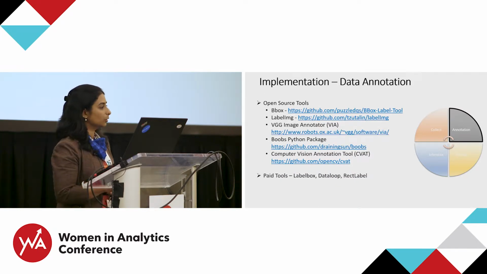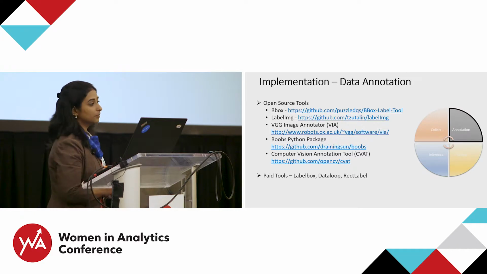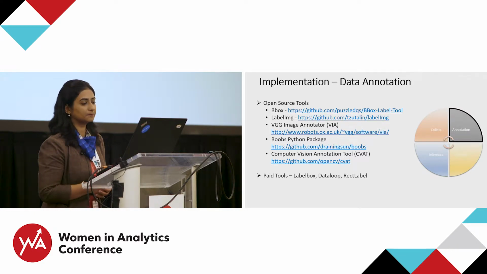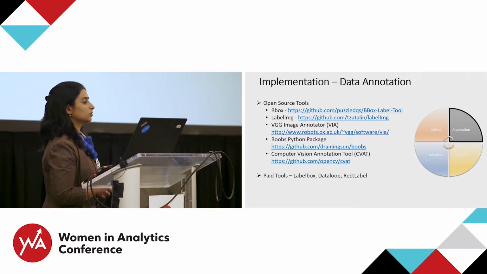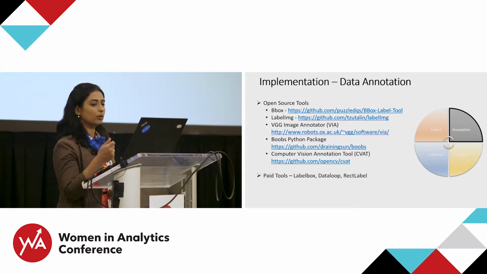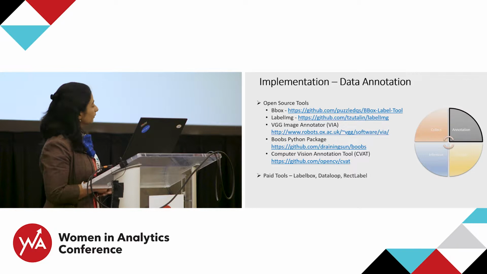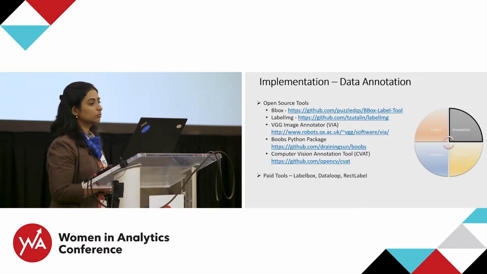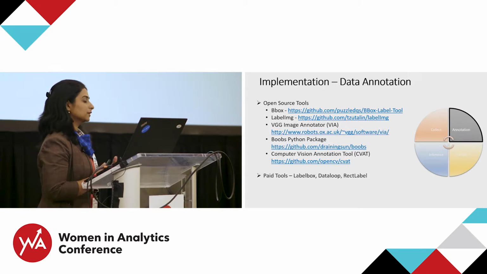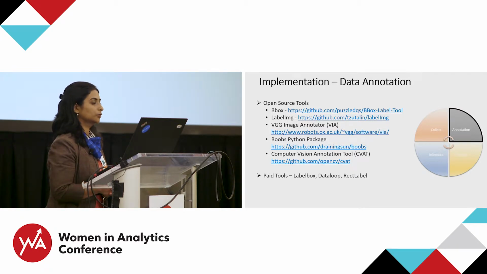Now, these are some of the open source packages readily available for you to do data annotation. Every tool requires us to draw these rectangular bounding boxes around the object that needs to be detected. And what differentiates these different tools is the features that they provide. In some cases, instead of a rectangular box, you could just draw a polygon or a cuboid.